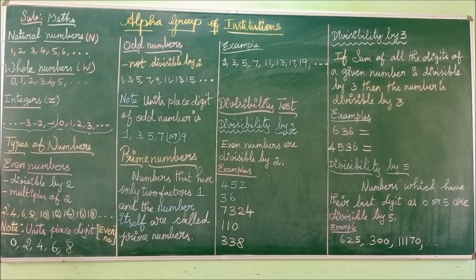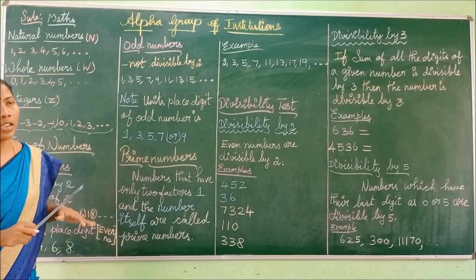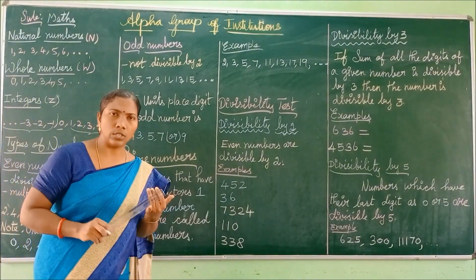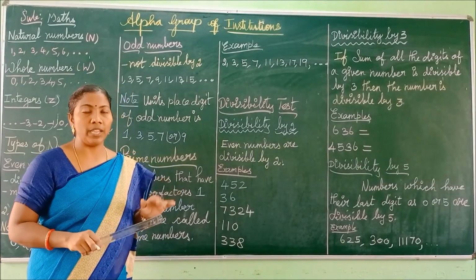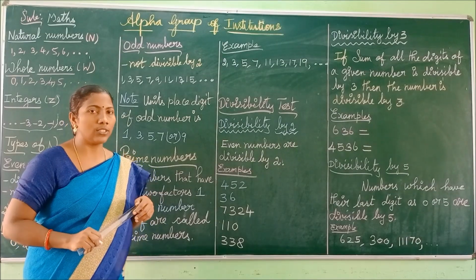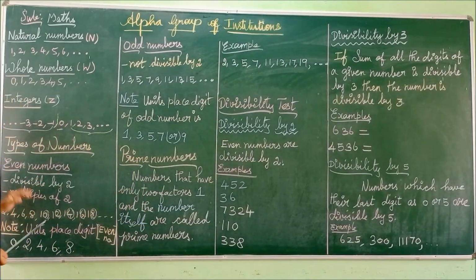So the units place digits of even numbers are 0, 2, 4, 6 and 8. So we can shortly say numbers which end with 0, 2, 4, 6 and 8 are said to be even numbers. Do you understand, children? So these are the things you have to remember about the even numbers.